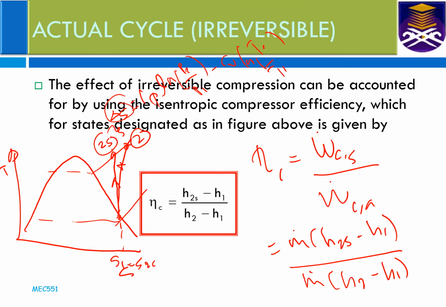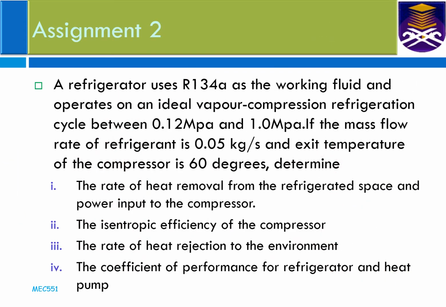Okay, all right, so this is assignment 2. What you have here is almost similar conditions, applying with the actual exit temperature for the compressor, which is about 60 degrees Celsius. The due date is 30th of May.